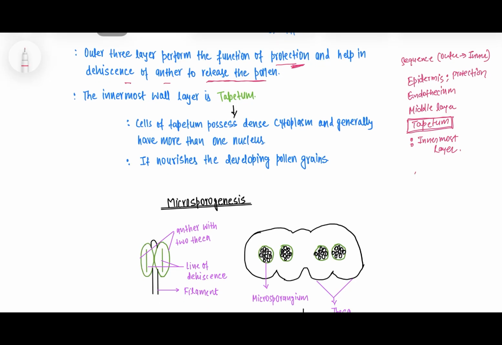So cells of tapetum have dense cytoplasm, and they are multinucleated. They have more than one nucleus.